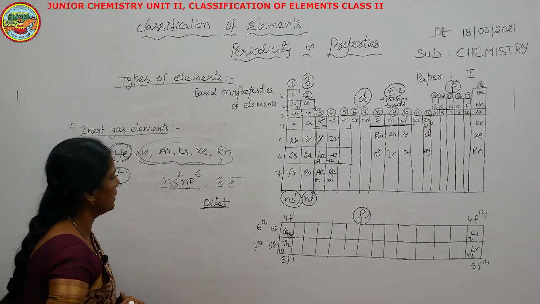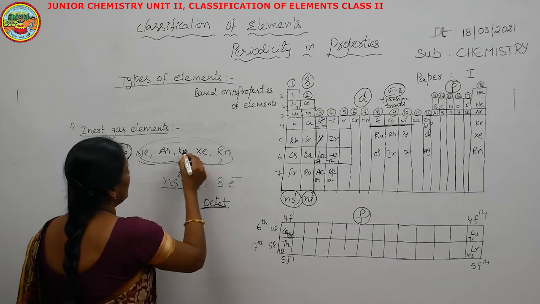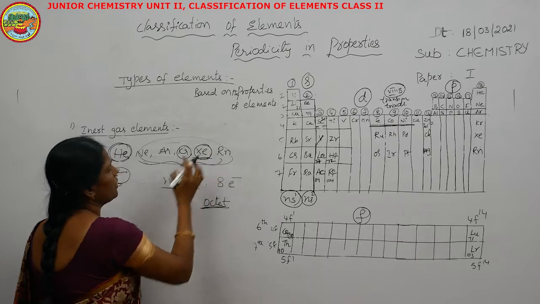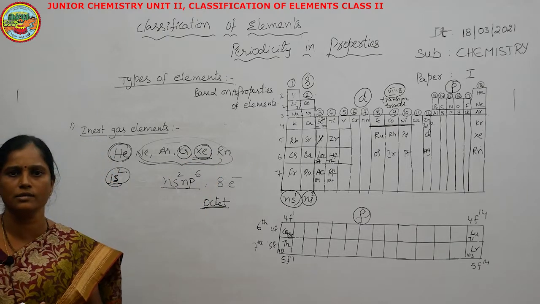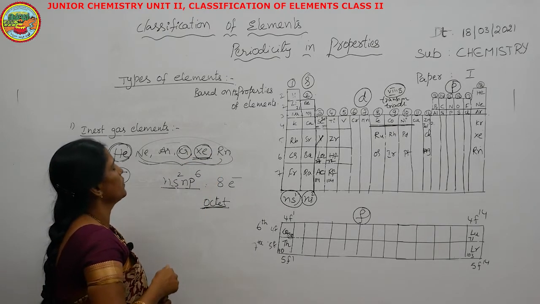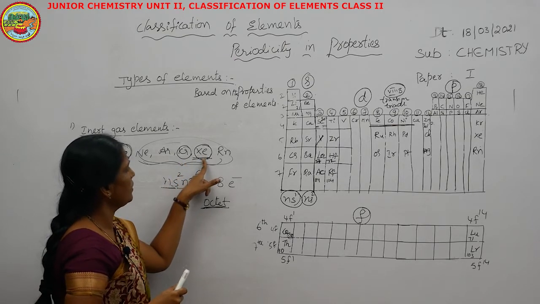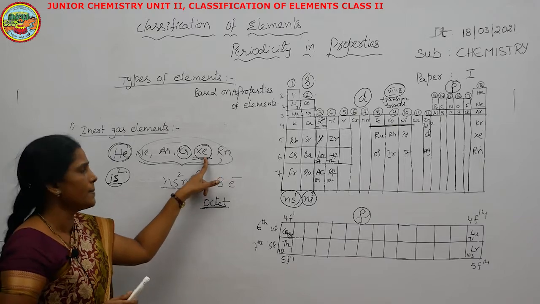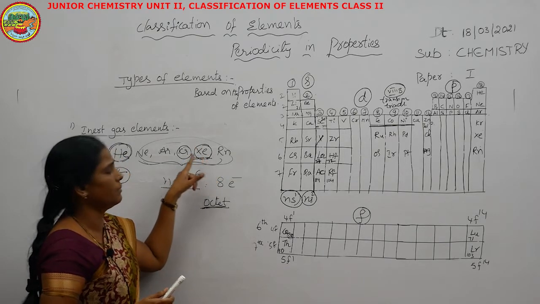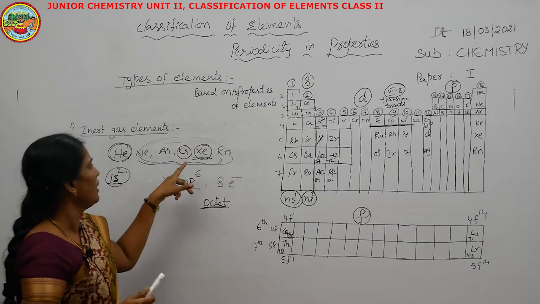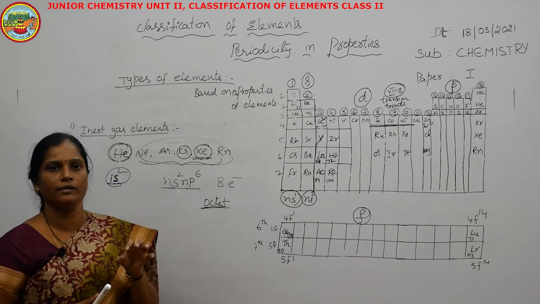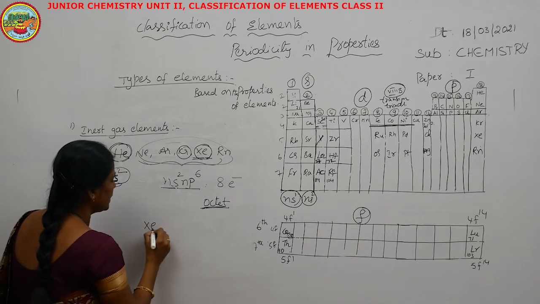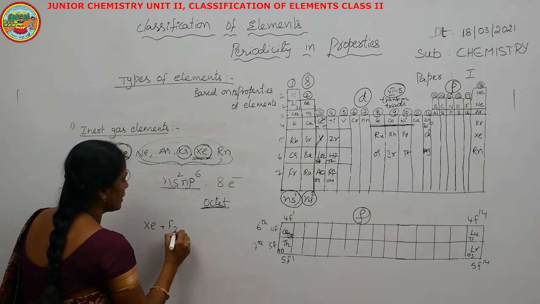But the heavier elements like krypton and xenon, that means the atomic mass is more. Due to the large atomic size and low ionization enthalpy, low energy, under some conditions only xenon participates in chemical reactions.